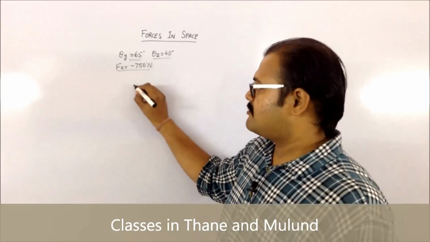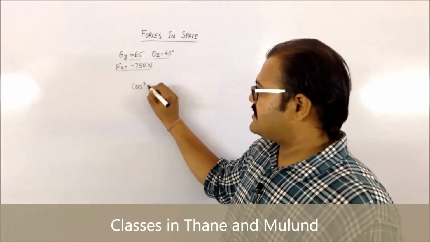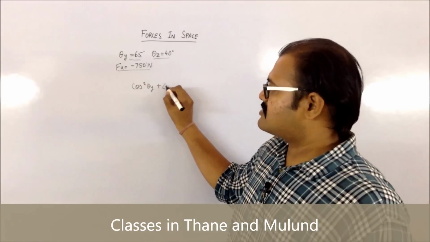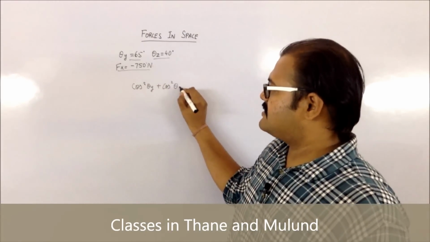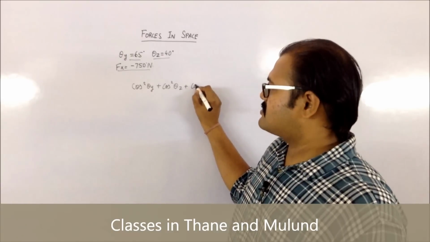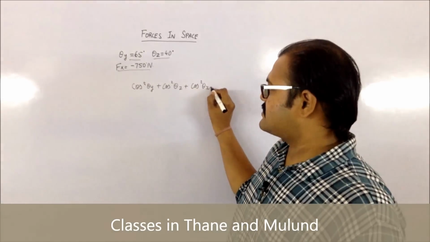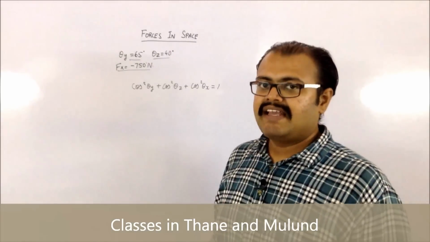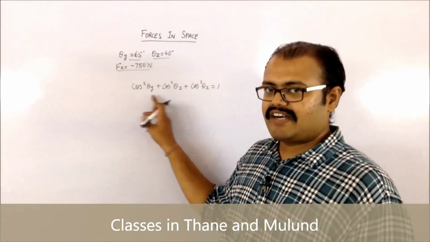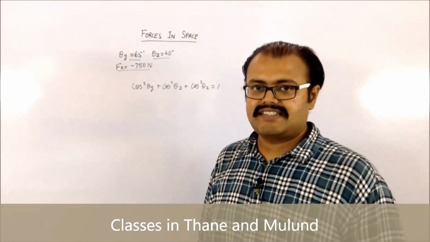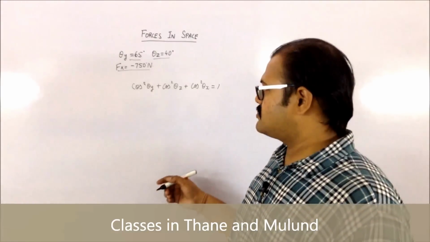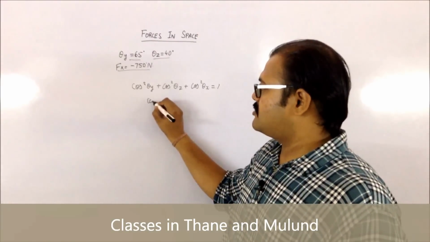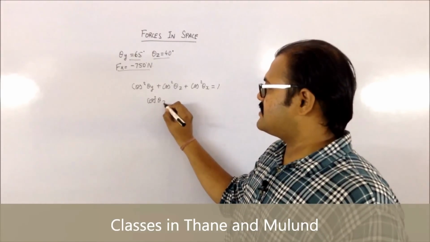To do so, what we will be using is cos square theta y plus cos square theta z plus cos square theta x is 1. I know the value of my theta y, I know the value of my theta z. So let us substitute those values and find what is going to be my cos square theta x.